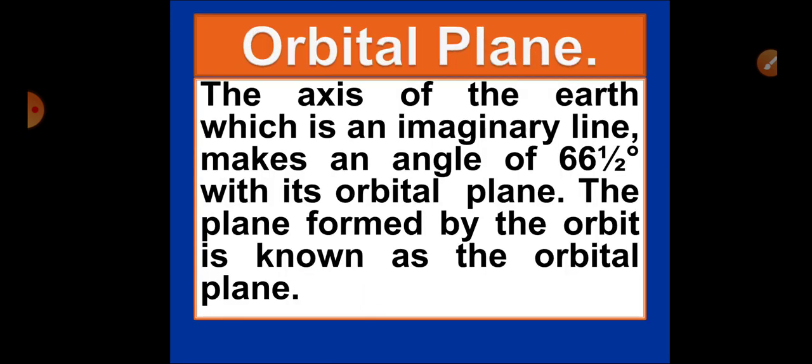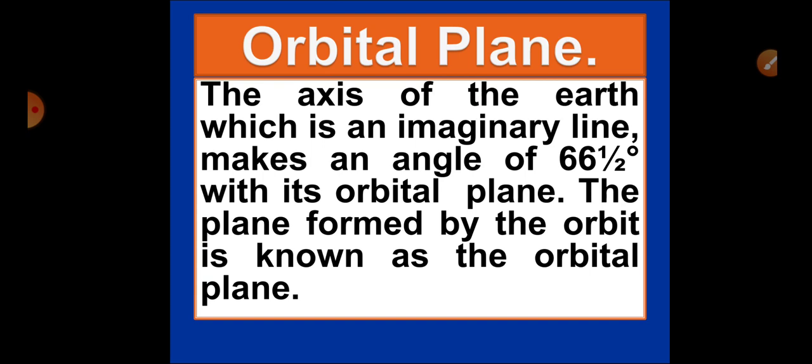Coming to the next point, that is orbital plane. Here the axis of the earth is an imaginary line, as we had discussed. We don't have any line on the earth's surface. Real lines are not there.